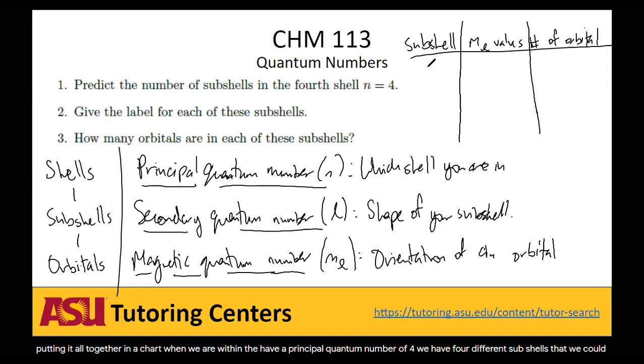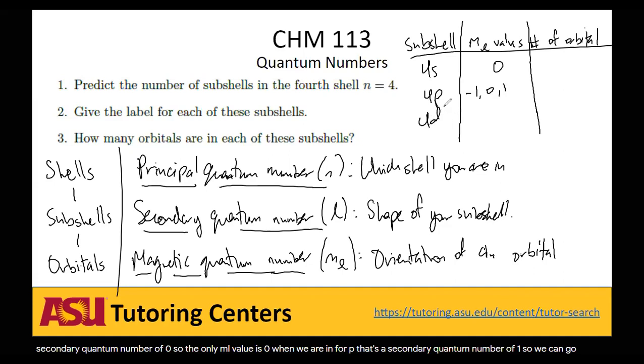Okay. So when we are within the subshell 4s, that corresponds to a secondary quantum number of 0. So the only M L value is 0. When we are in 4p, that's a secondary quantum number of 1. So we can go -1, 0, 1, from -L to L.